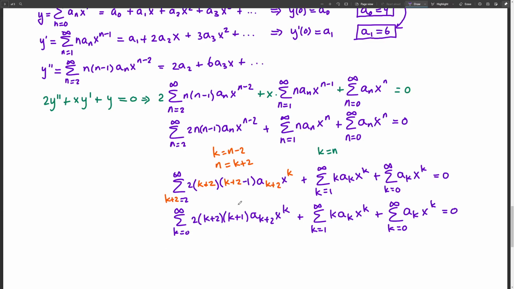Now, in order to combine these series, they all need to start at the same value. So I would like for all of them to start at 1.